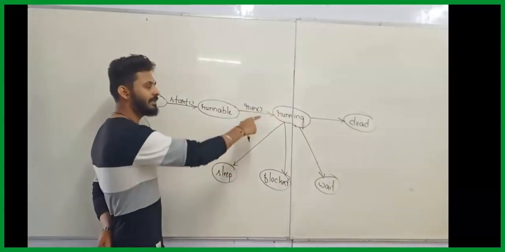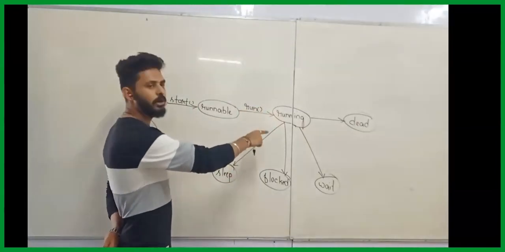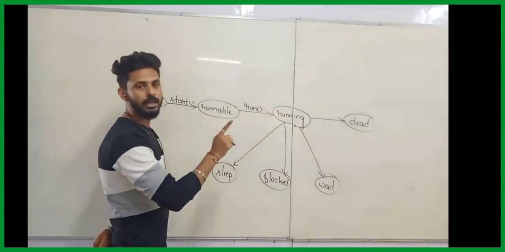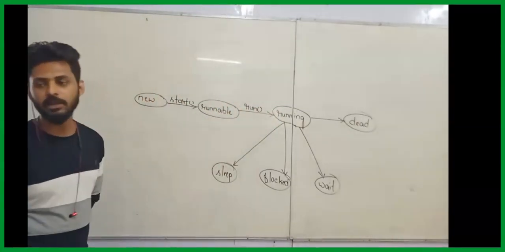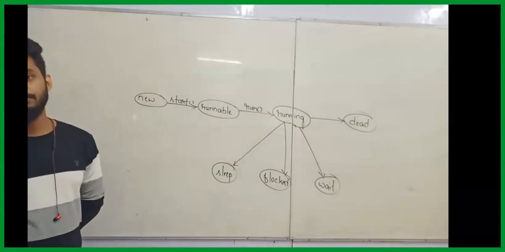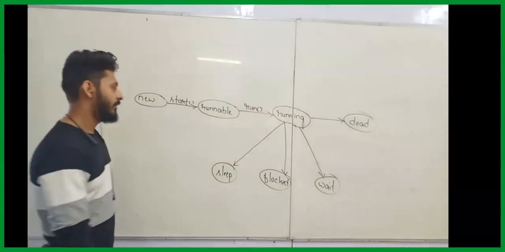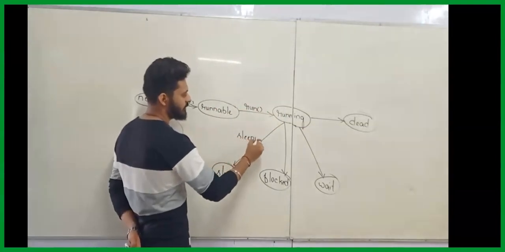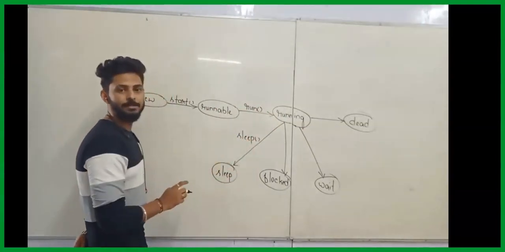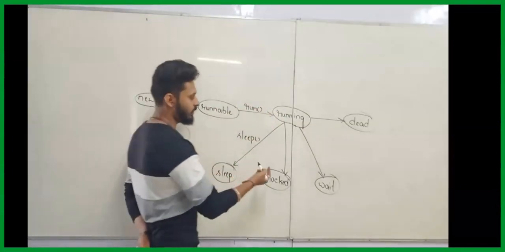And whenever it is in running state, as I've already told, at any point of time you can have only one thread. Whenever it is in running state, it can go to three other states, which are sleep, block, and wait. When will it go to sleep state? If I use the method called sleep, it will go to sleep state. When will it go to block state?